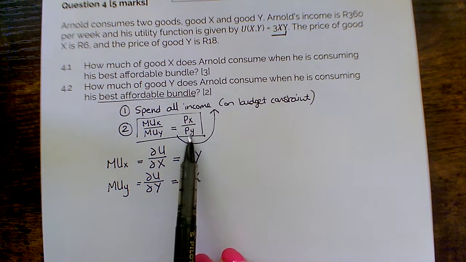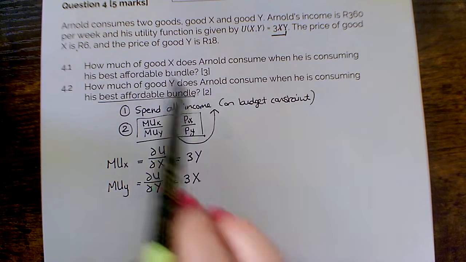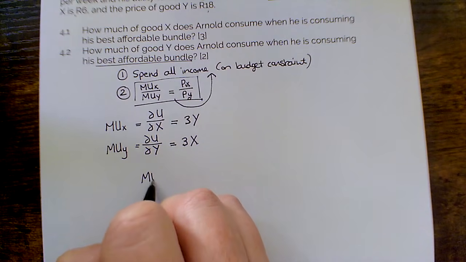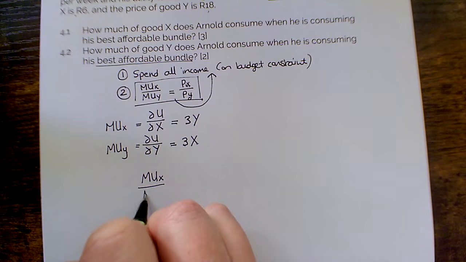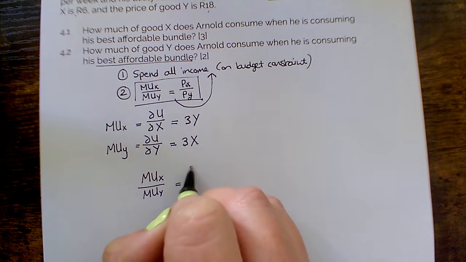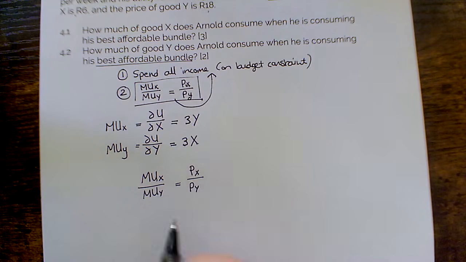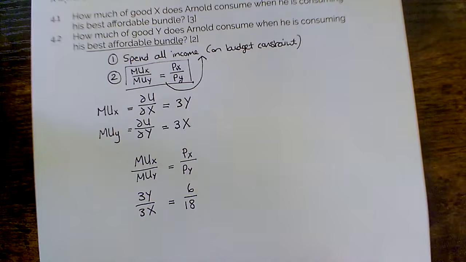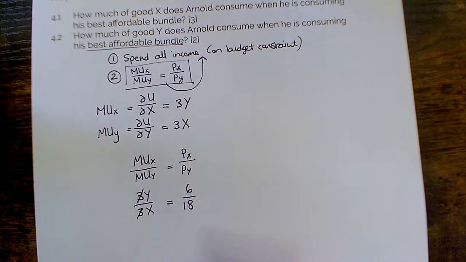I have both my prices, my PX is 6 and my PY is 18. So I can now say that in equilibrium, MUX over MUY must be this. And so 3Y over 3X must be equal to 6 over 18. These two cancel out.